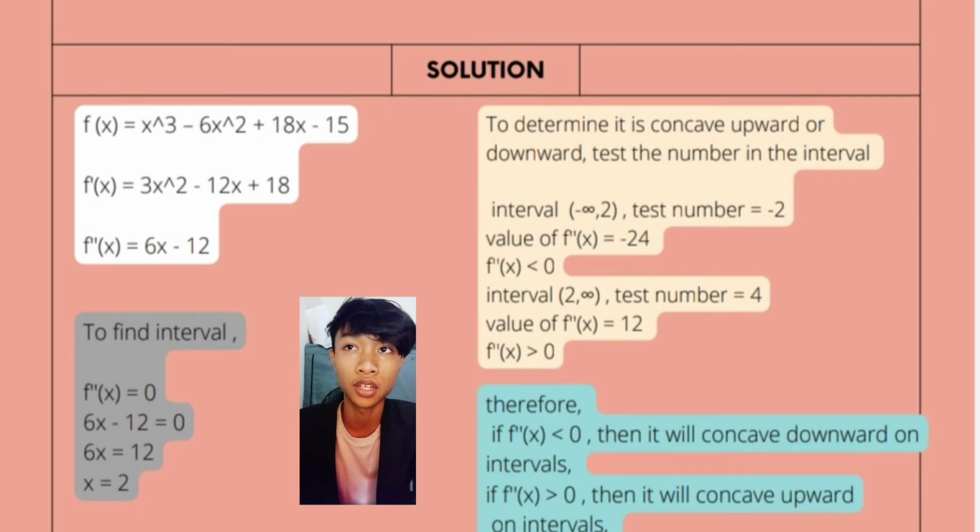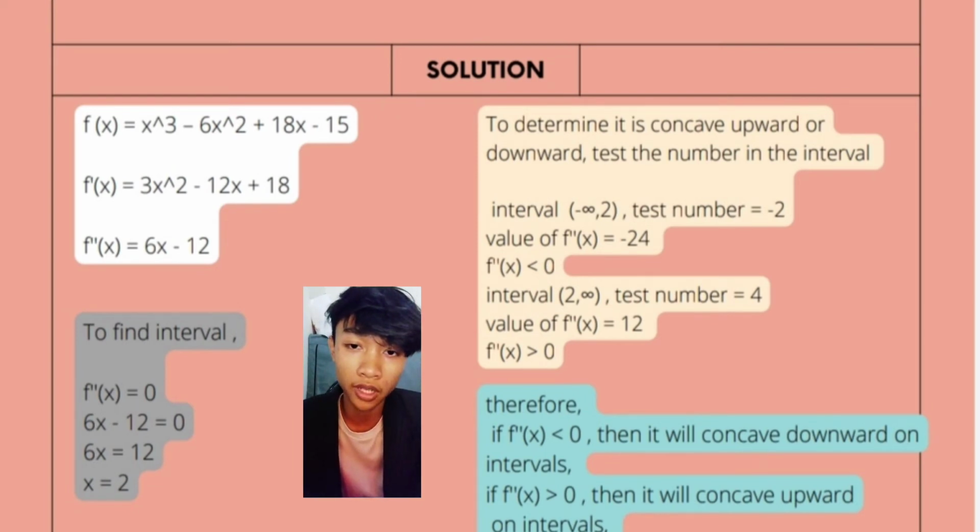Given the function x to the power of 3 minus 6x squared plus 18x minus 15, if we do the derivative, we get the first derivative of f(x), which is 3x to the power of 2 minus 12x plus 18. And if we differentiate once more, we get the second derivative of f, which is 6x minus 12.